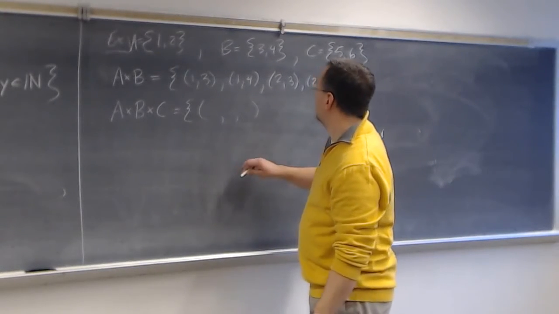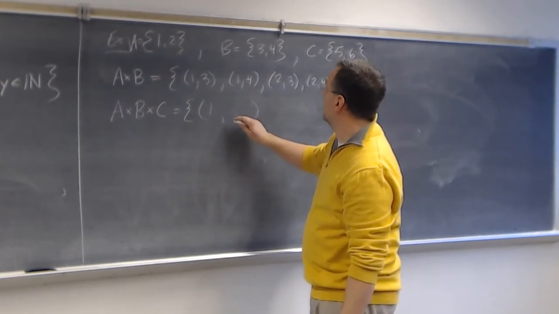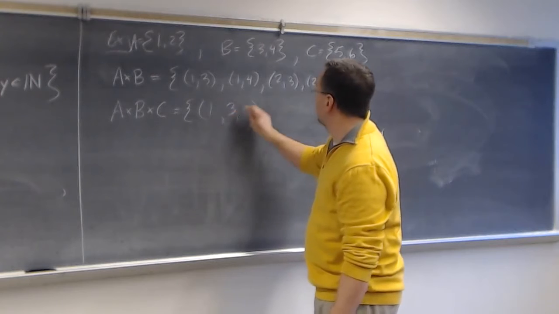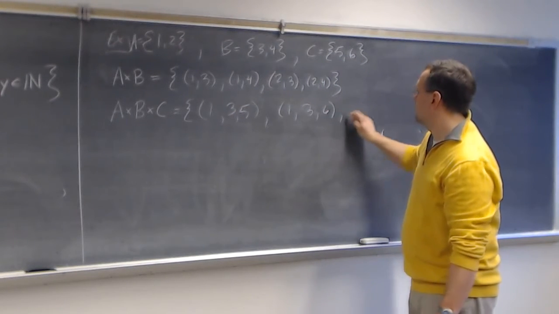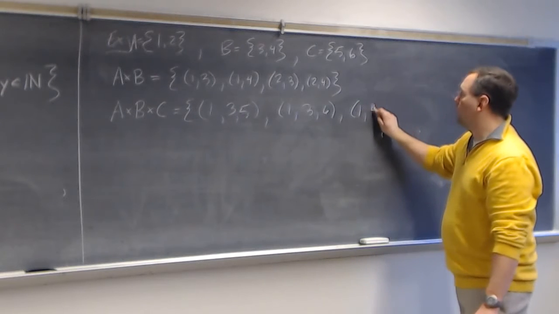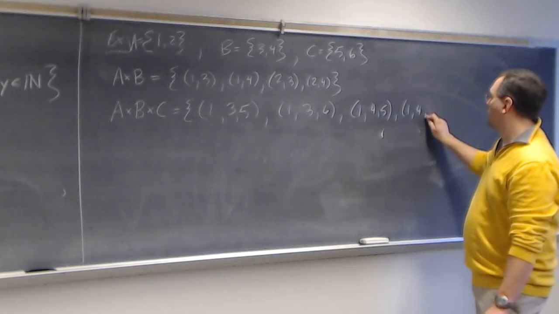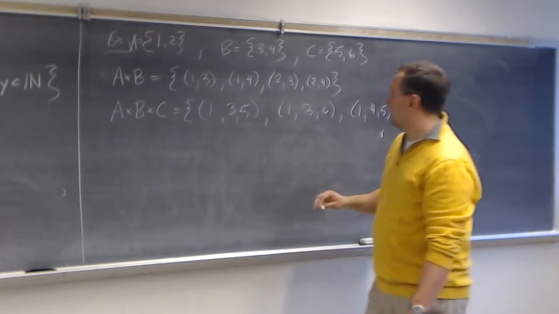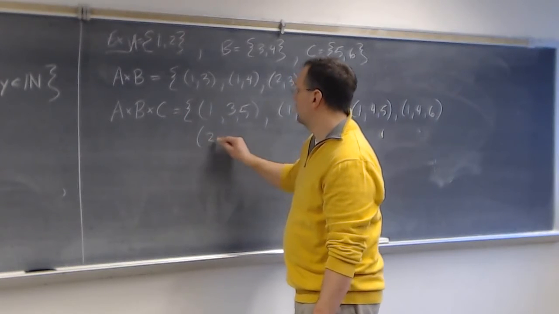So you just got to do it here. (1, 3, 5), (1, 3, 6), (1, 4, 5), (1, 4, 6). Those are all the points that use 1. And I'll start with 2.